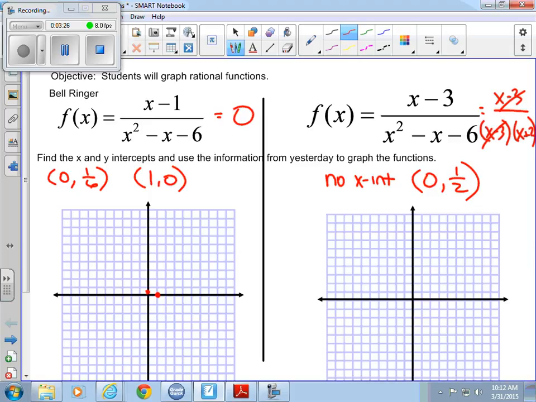Sure. How come there's no x-intercepts on the second row? I thought it was 3. But 3 was already a hole. Yesterday we did these problems and we identified 3 as the hole because of that factor that cancels. And so it's undefined. And here's a way to check. I can take the 3 and plug it back in.